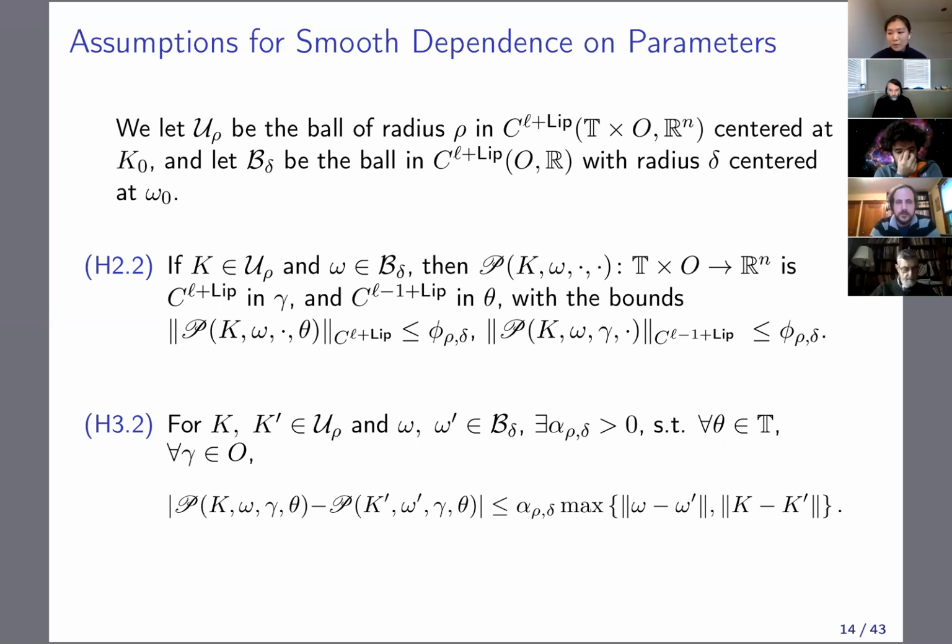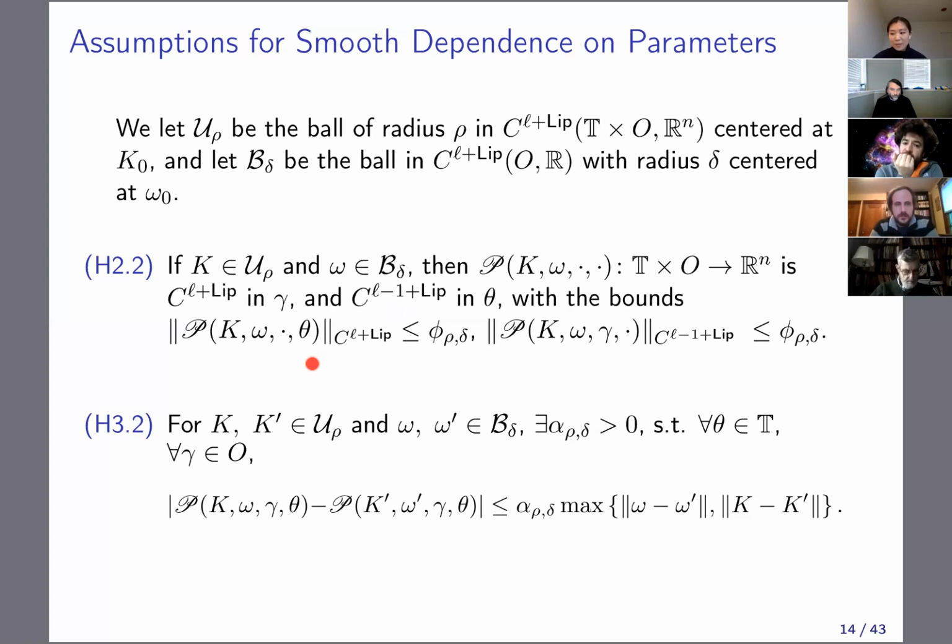So H2.2 basically says that in a C^{L+Lipschitz} neighborhood of K0 and omega 0, this calligraphic P will be C^{L+Lipschitz} in the parameter gamma and C^{L-1+Lipschitz} in the parameterization variable theta. So we allow one loss of derivative in theta because we are going to use the integration.